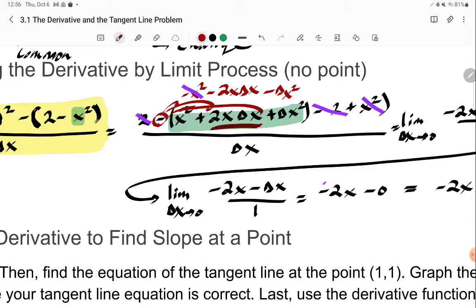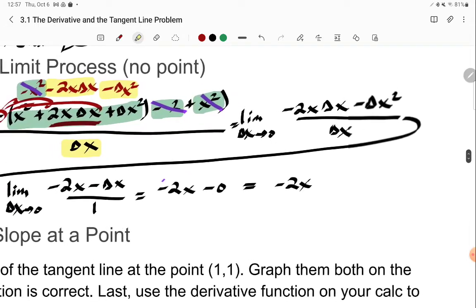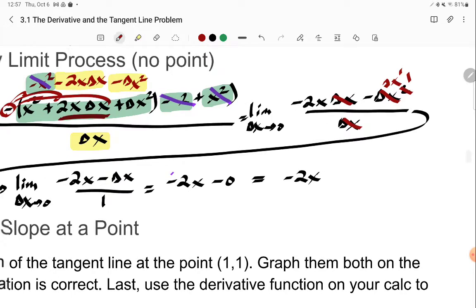When you distribute those in, you'll see that the negative x squared and the positive x squared will cancel, that 2 and the negative 2 will cancel, and you are left with only the negative 2x change in x minus the change in x squared. Now that's not x squared, that's the change in x squared, so all of it squared, over the change in x. Because over here, everything has at least one change in x, so this goes down to a 1 because you still have change in x to the first.